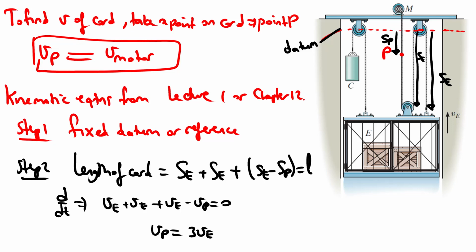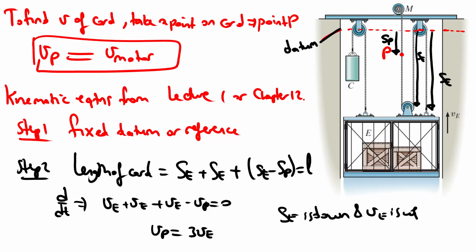SE is down, but VE is up. And from here it follows that VP is also, here it is down, but according to the motion it is upwards.